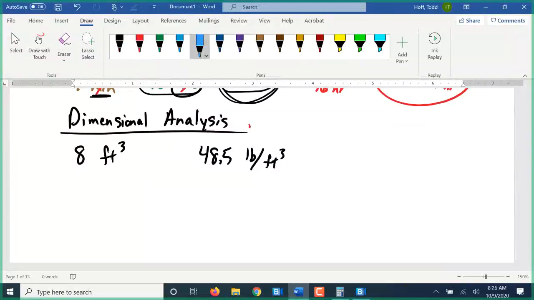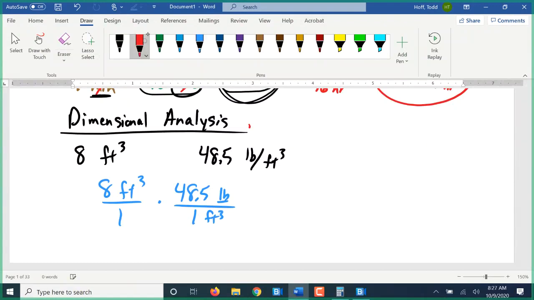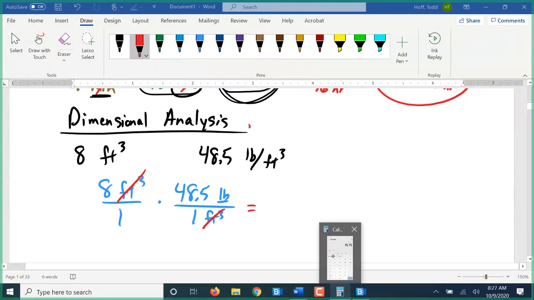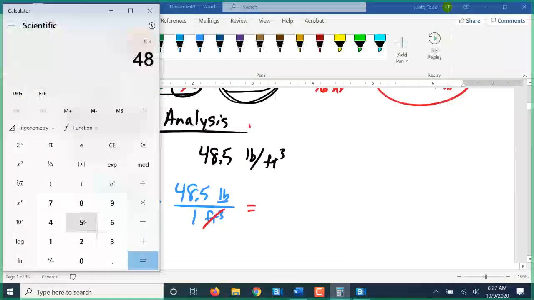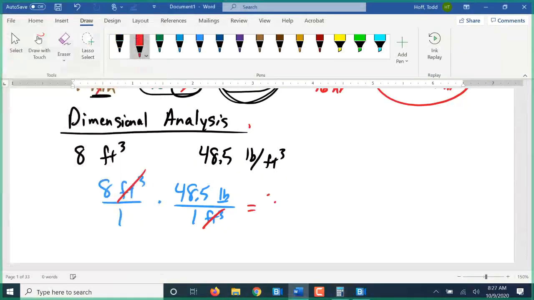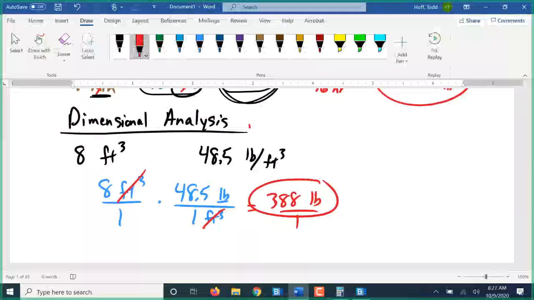Well, we can multiply these together here. 8 cubic feet times 48.5 pounds per 1 cubic foot. We see that the cubic feet cancel out, and what we get is 8 times 48.5 is 388 pounds. On bottom is just 1 times 1 is 1. You'll see the cubic feet have canceled out.